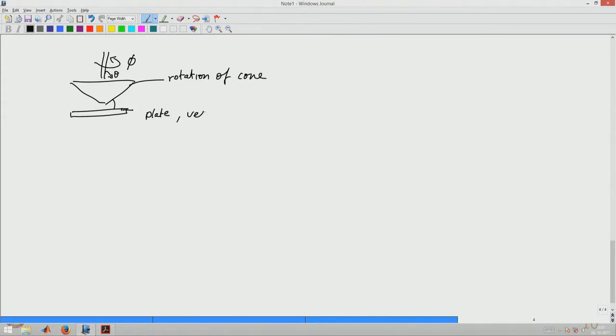So, velocity is 0. So, therefore, in this direction there is change in velocity. So, phi is the direction of flow, and theta is the direction of shear.